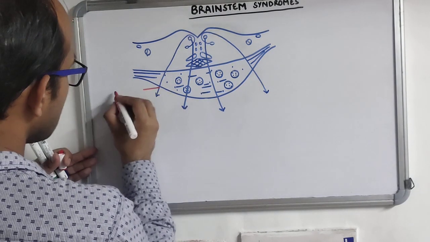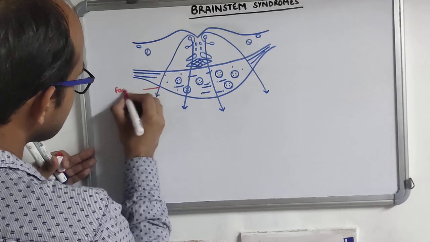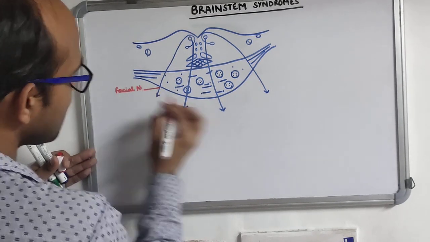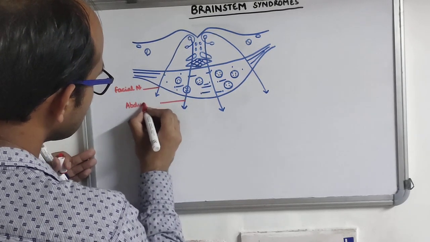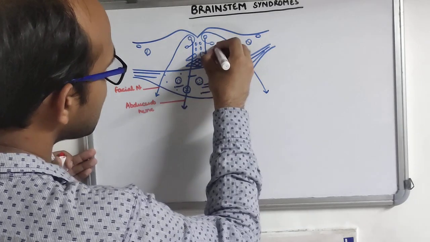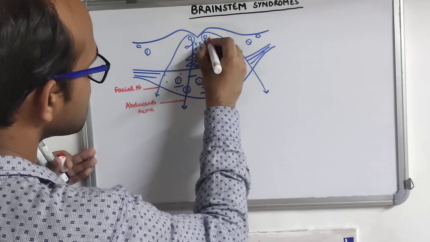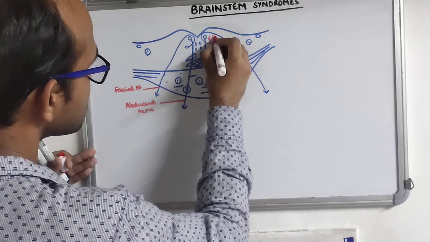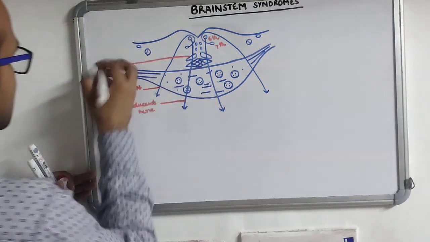This is the sixth nerve. This is the seventh nerve, facial nerve, fascicles. This is the sixth nerve, abducent nerve. This is the nucleus of the seventh nerve and this is the nucleus of the sixth nerve. This is the medial lemniscus.